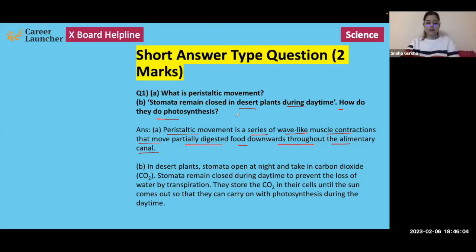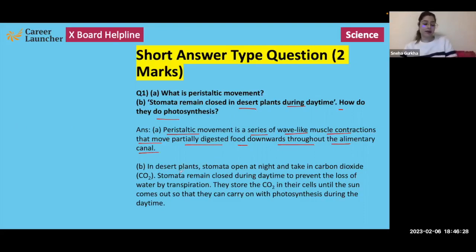The answer is that stomata indeed remain closed during daytime, but they open during night. In that process, these plants take in carbon dioxide, which is stored in their cells until the sun comes out, and then they carry on with photosynthesis during daytime.